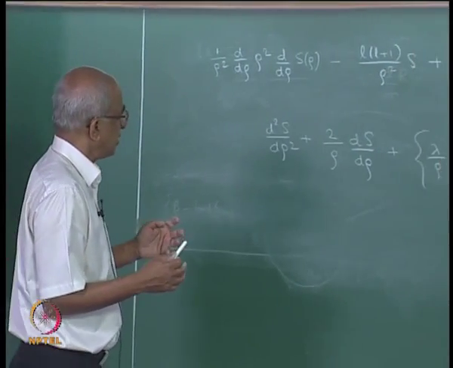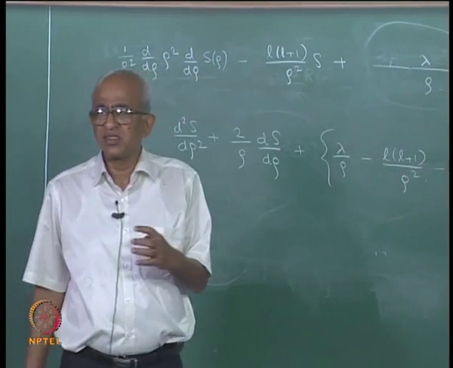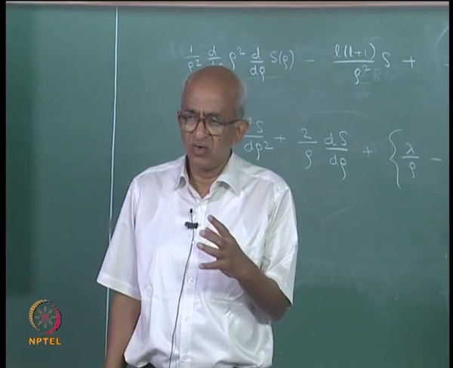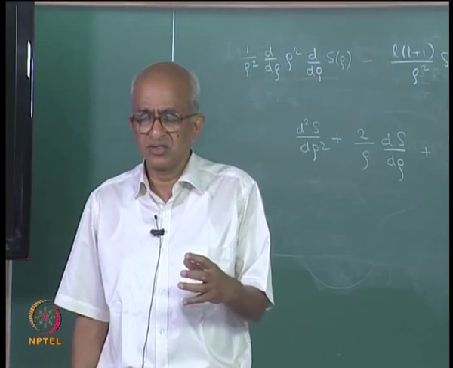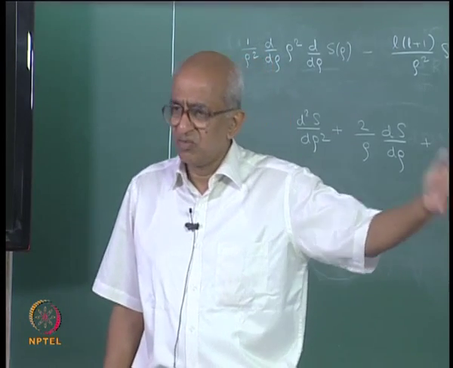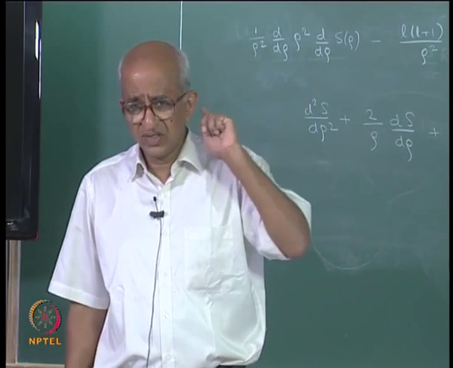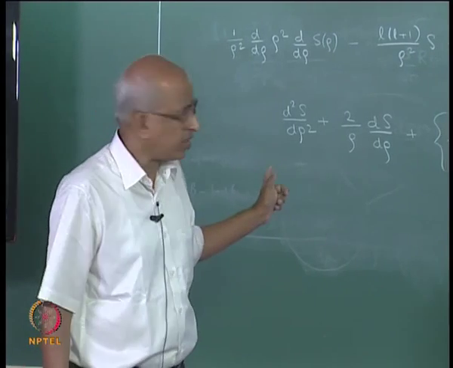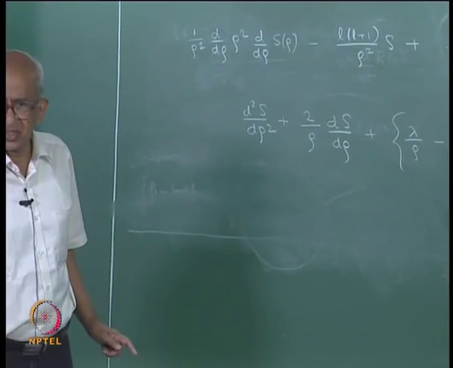The answer is simple. I first try to find an asymptotic solution. What do I mean by an asymptotic solution? This is a solution that will be valid in maybe large values of rho. If rho is large, you can ask what will happen to this differential equation.